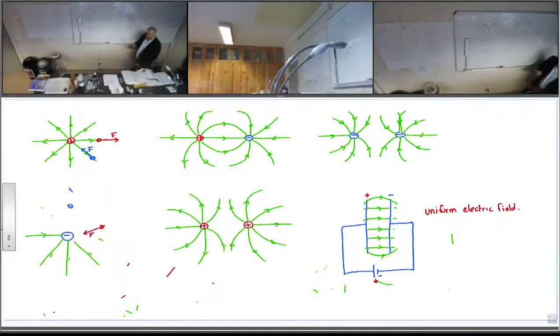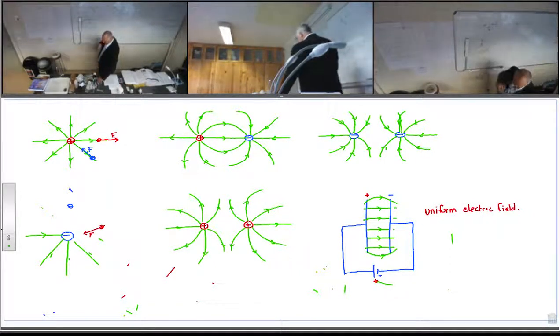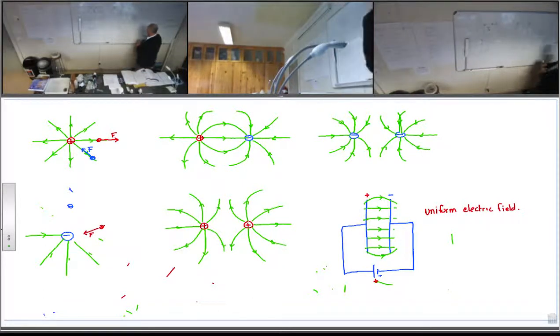Okay. Now, what would happen if I put a positive particle here? Where would it experience the stronger force? Near the positive plate or near the negative plate or in the middle?